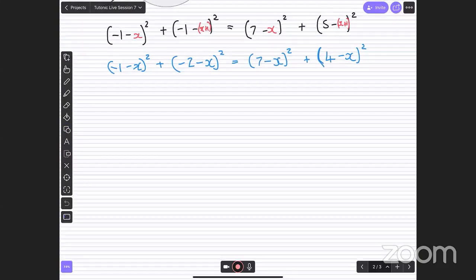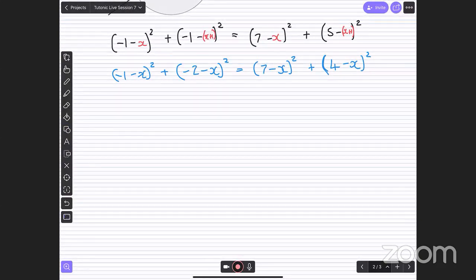So what's the next step? How do we simplify this now? You square all the binomials. Okay, so who's going to do this for me? This is not grade 12 work, right? The squaring of binomials is grade 9, the FOIL method.